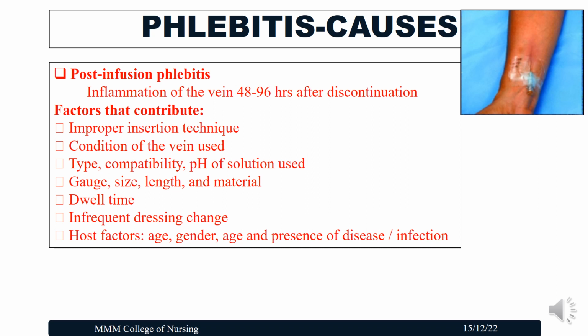The factors which contribute to post-infusion phlebitis are improper insertion technique, condition of the vein used, the type, the compatibility and the pH of the solution given through that cannula, the gauge, the size, the length and the material which is used, the dwell time, that is how long the catheter was in that place, infrequent dressing change. Host factors include age, gender, and the presence of disease or any other infections in the patient.